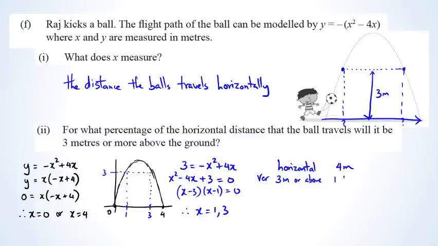It's between 1 and 3 meters horizontally. That's where the horizontal distance is. So the answer you're looking for in this case is, between 1 and 3, it's actually 2 meters. So 2 meters out of 4 meters, it's above 3 meters vertically, if that makes sense. Like I said, this is a horrible question, but anyway, the final answer you're looking for is actually 50%.